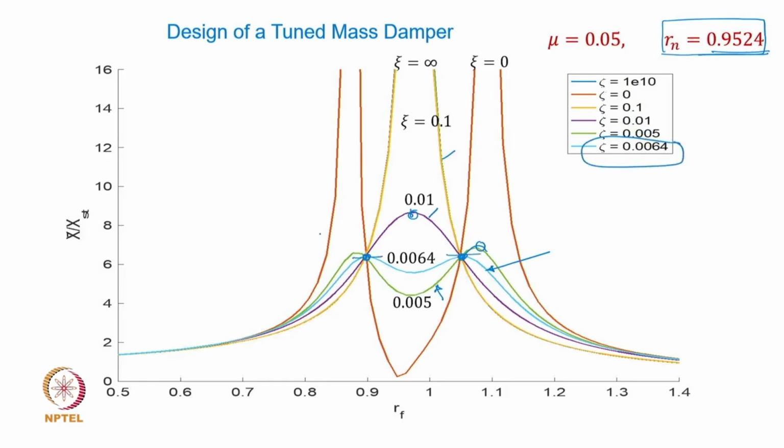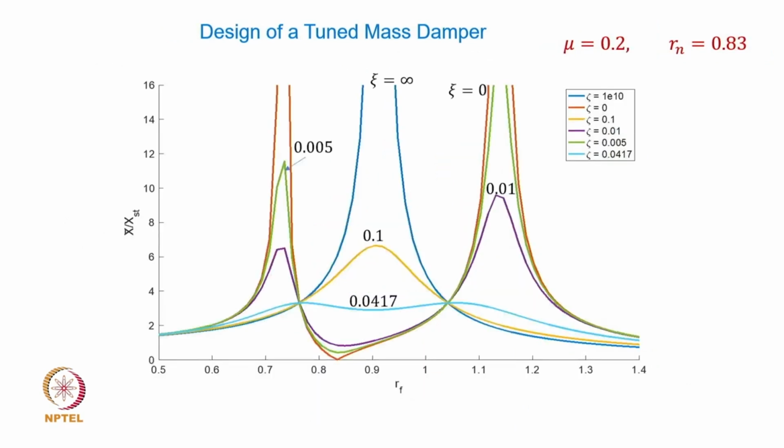And then irrespective of where you operate throughout this frequency range, you do not see a large amplitude rise. Okay, so that is the philosophy of design of a tuned mass damper, and such dampers are obviously used in practice in the automotive industry and in civil structures. We have seen them, and our job now is to look at how to find these optimal parameters.